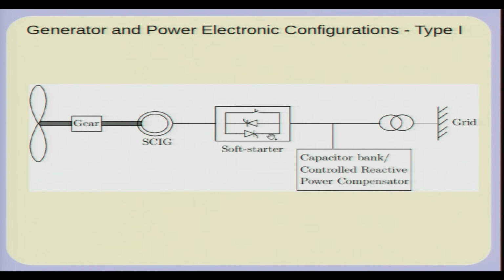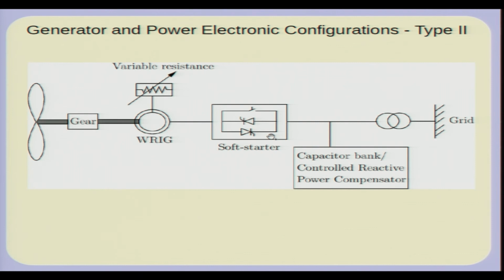The other kind of generator has a little bit of control. Here the rotor winding is not a squirrel cage, it is a wound rotor induction machine. So, you actually have windings and not a squirrel cage, and those windings are connected to a resistance which can be varied, possibly through power electronic means.